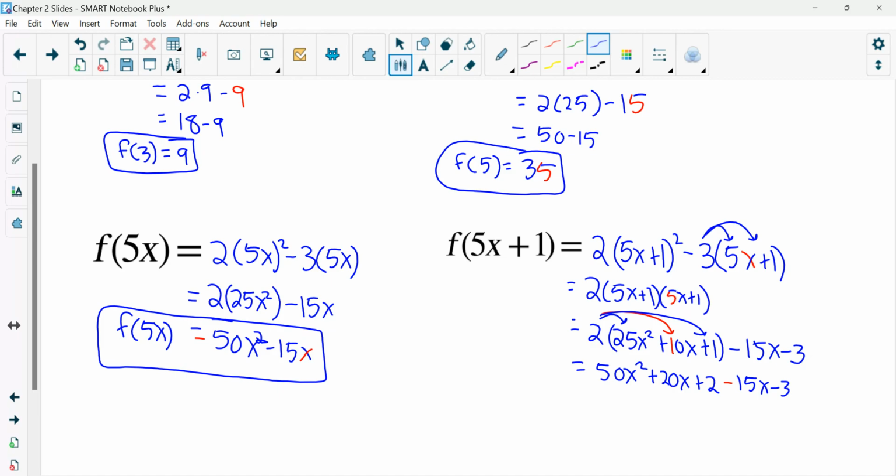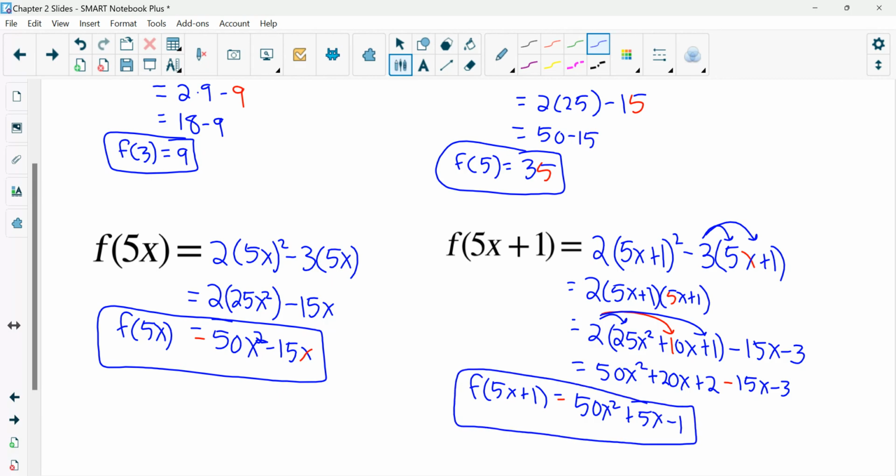And then we can just combine like terms. 50x squared plus 5x minus 1. Alright, and so we're going to build off that a lot tomorrow, putting functions within functions, not just having answers that have x's in them.